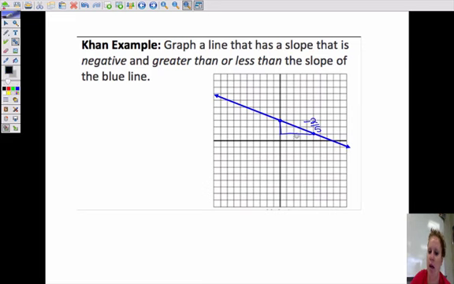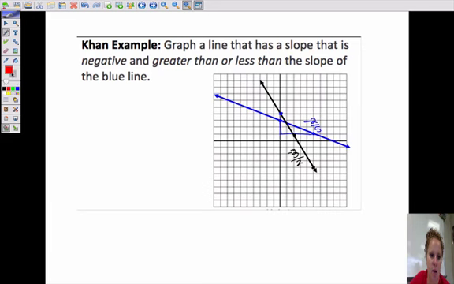Okay, so if we're going to make a line that's greater than that, we need to be steeper. So something like this would be steeper, right? So here we'd have a point there and a nice point here, it looks like. Well, it looks like here too. So we go down 3 over 2, and that's greater than 2/5.